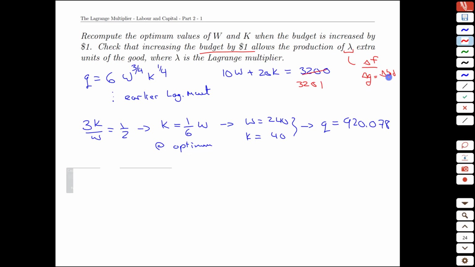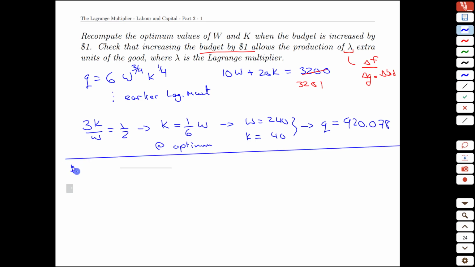If our change in budget is $1, then somehow, if our change in G is our change in budget, then our lambda should also capture the impact of the $1 change. What we're going to see is that one of these methods is a lot more complicated than the other, and the lambda value turns out to be a very simple way to get to that same result.